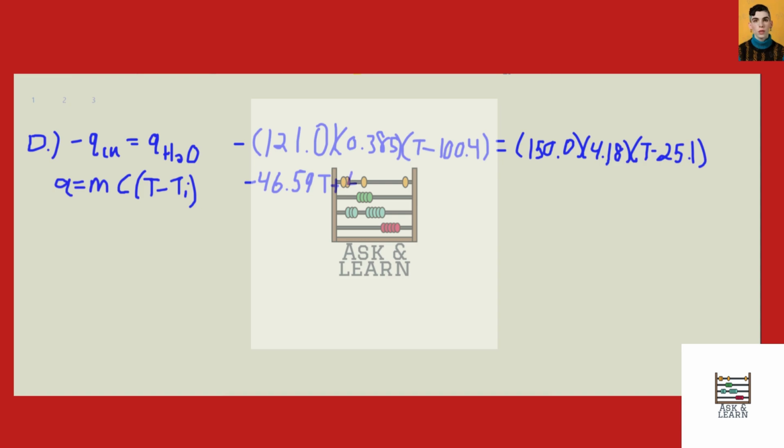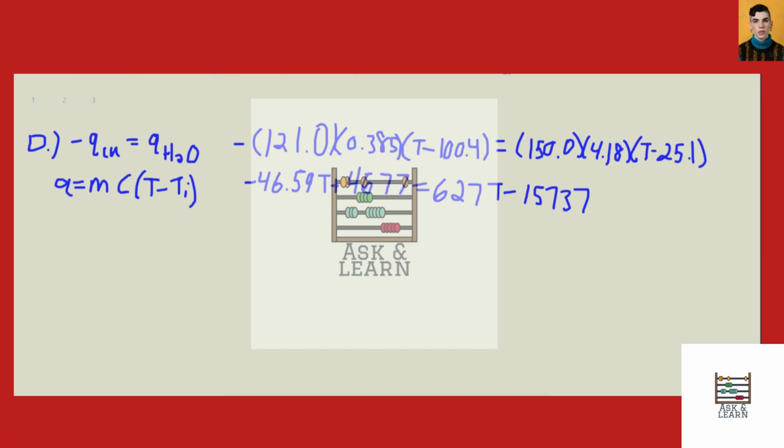That's plus 4,677, which is going to equal 627T minus 15,737. My apologies.